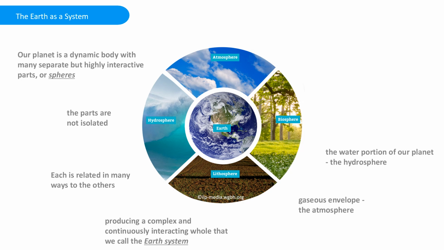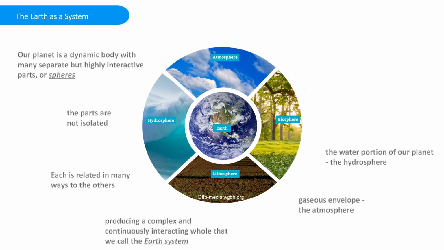And the next sphere is the hydrosphere, the water portion of our planet. The hydrosphere is a dynamic mass that is continually on the move. So it evaporates from the ocean to the atmosphere, precipitating to the land and running back to the ocean again. And the global ocean is certainly the most prominent feature of the hydrosphere.